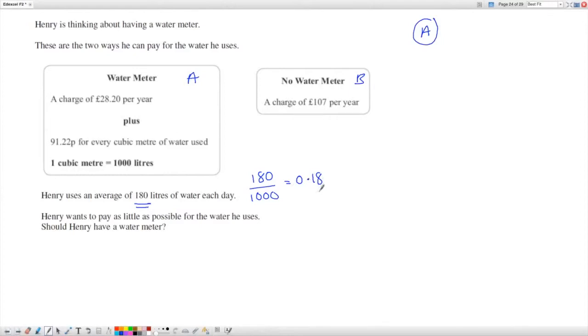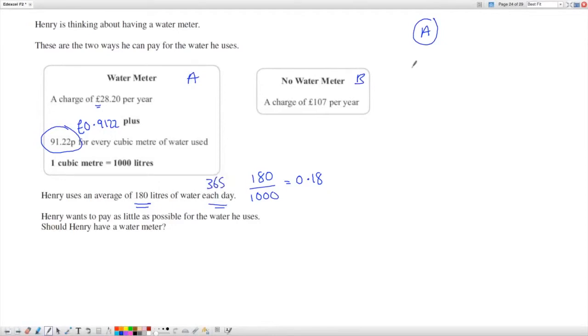These are how many cubic metres are used each day. Now, the charge for each one of them, we've got pounds here, so we change this to pounds as well. So 0.9122. Keep the 22 to keep it accurate. And then for each day of the year, we've got 365 days.